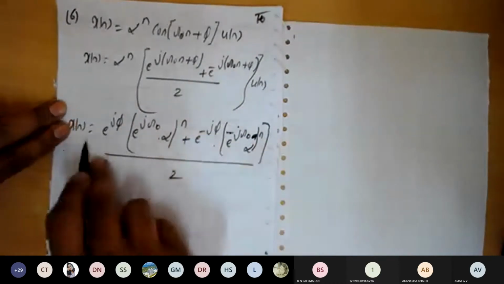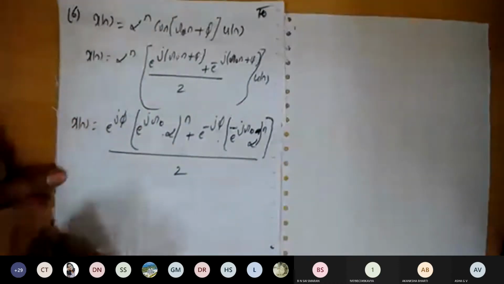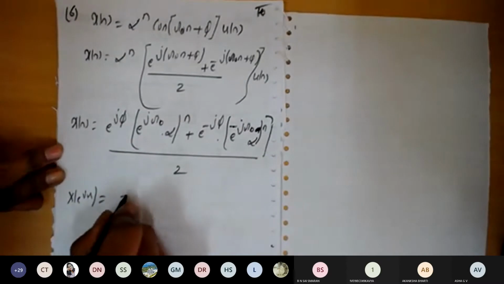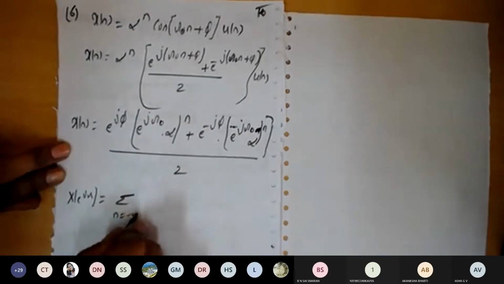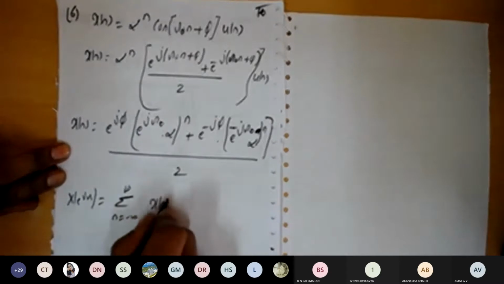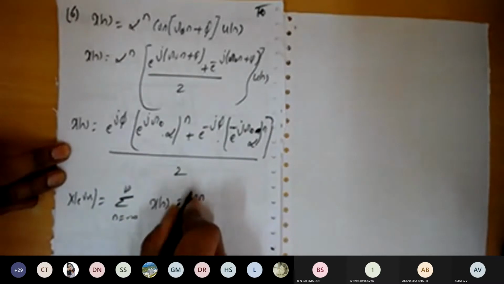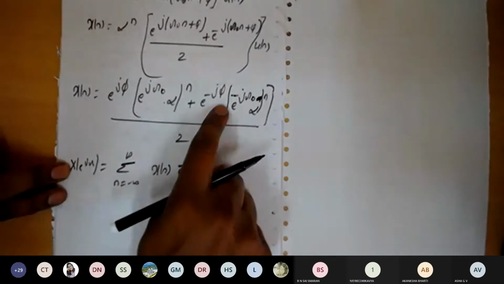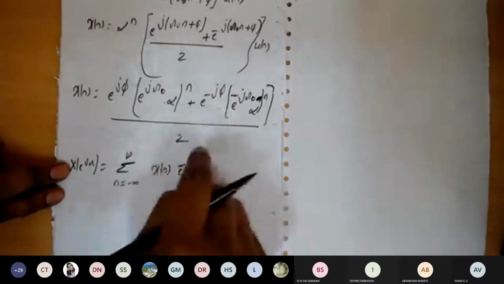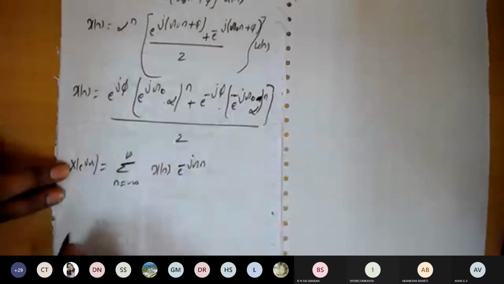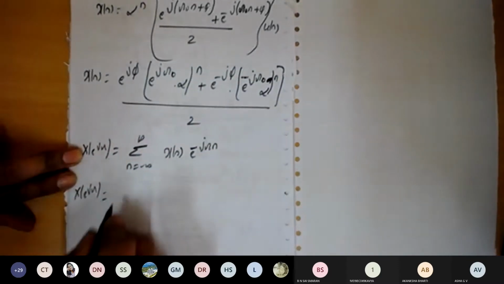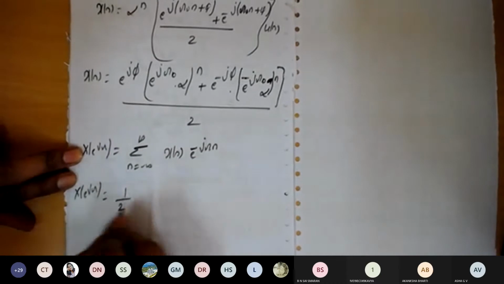Now we'll apply the DTFT of this one. We'll consider the DTFT X of e to the power of j omega. The DTFT is summation x of n into e to the power of minus j omega n. Let us split the summation separately. So X of e to the power of j omega is equal to 1 by 2, which is the constant.